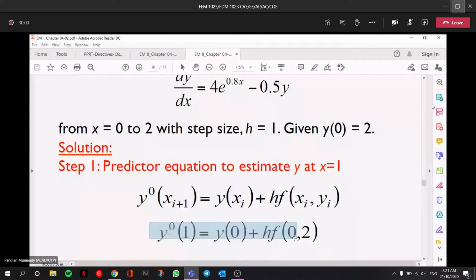So y0, they put x is 1. That means x1. I write x subscript 1. I put i equals 0. If I put i equals 0, then this is x1.